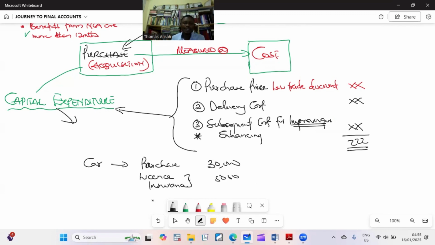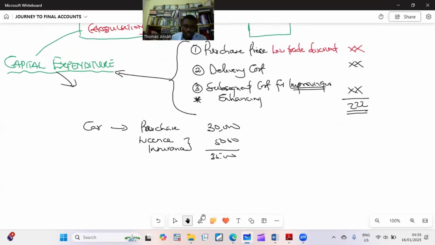You will have to add it to get 35,000, and this will become the cost. Now you see the license and the insurance, they are also something that you'll be doing all the time, because every year you will have to go and pay DVLA, roadworthy, and also do insurance of the car. All right. So that is that. You go to the Driver Vehicle License Authority, DVLA, and you have to be doing these things every year.